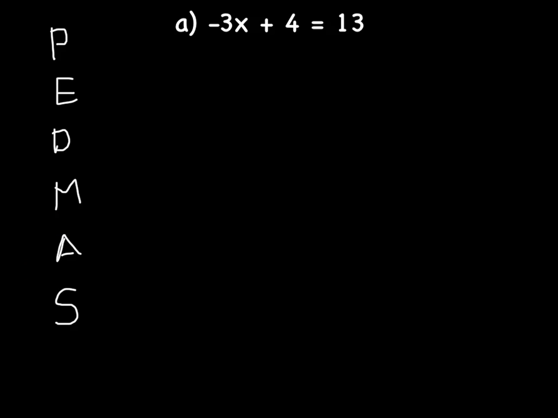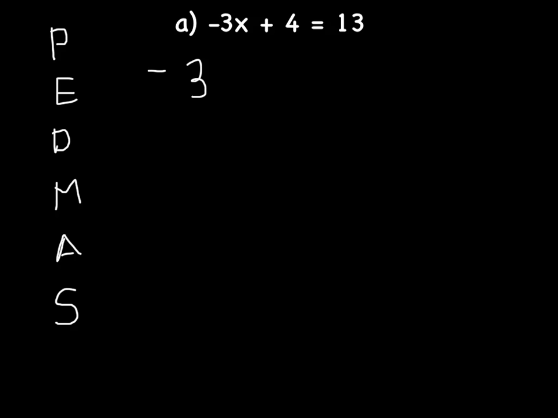So we have a plus 4 that we have to make 0 with. To make 0 with plus 4, we have to subtract 4. And remember, an equation is kind of like a balance. Anything that we do to one side of an equation, or the left side of an equal sign, we must also do to the right side. To make 0 with positive 4, we need a negative 4 or a subtract 4.